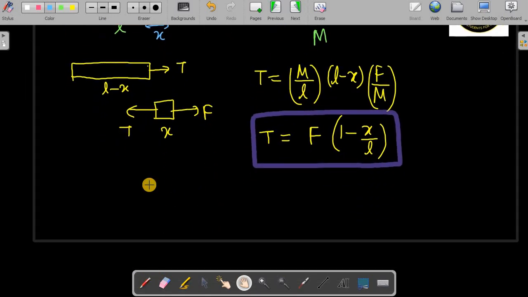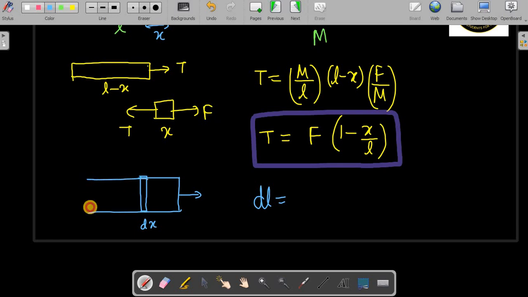So you need to take a small element dx, and you have to write this small elongation dl, and from the free end, from this end where you are applying the force, let us take the distance as x, right?